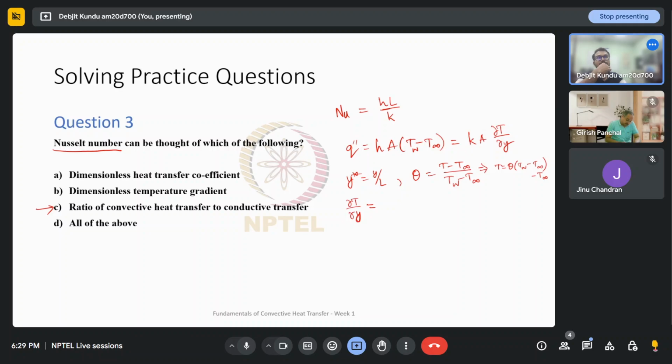So if I now simply differentiate this with respect to y, what I'll get is dou theta, and I'll do this with y star, so dou y star, into this temperature difference. The minus T infinity will become a constant and won't show up, and y star is equal to y by L, so we should take that into account as well.